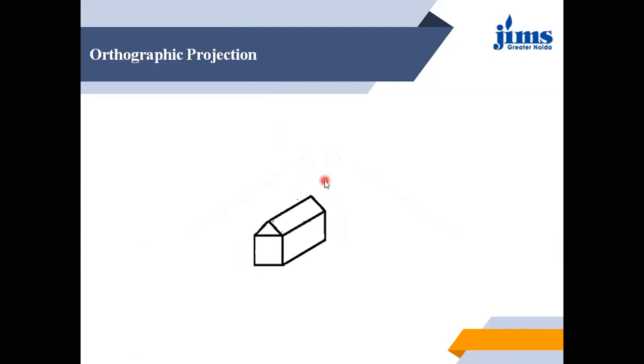This is the object. Now I want to take the front view, side view, and top view. As I told you, all the rays are parallel, so the rays will come from this side. Let me draw.